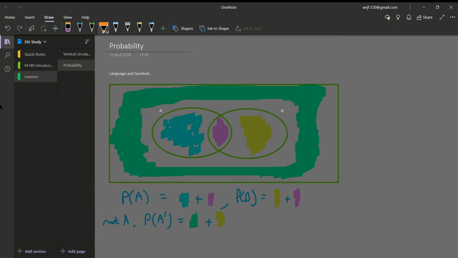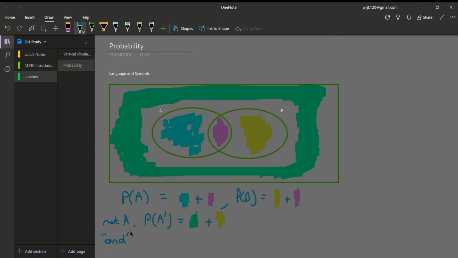The perhaps most crucial bit of this diagram here is to be thinking about the purple section, and this is where I want to start talking about words, the language that goes with it. So the word "and" is a key thing to watch out for when I'm talking about two events.